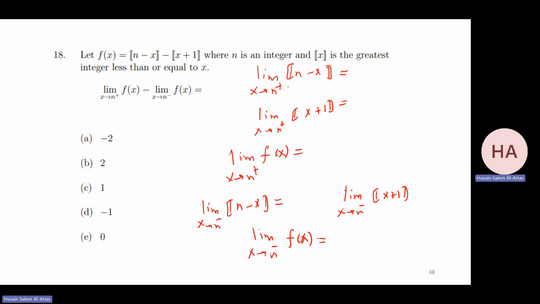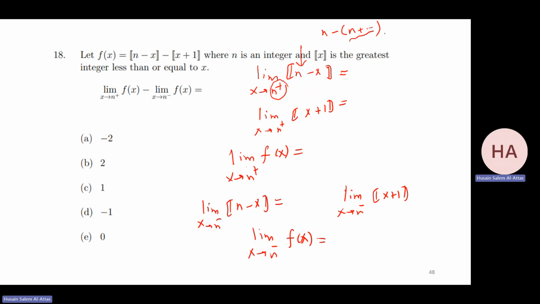n plus means what? n plus something. If I plug it here, n minus n plus something, because this is my x. My x is n plus a little.